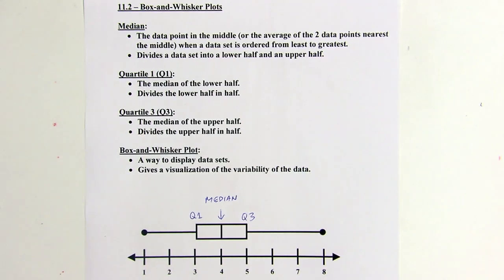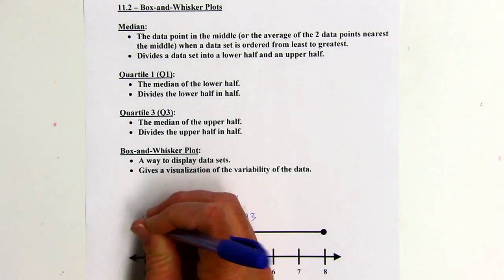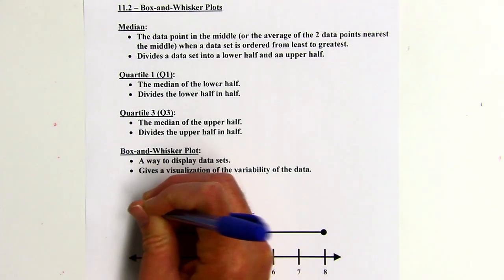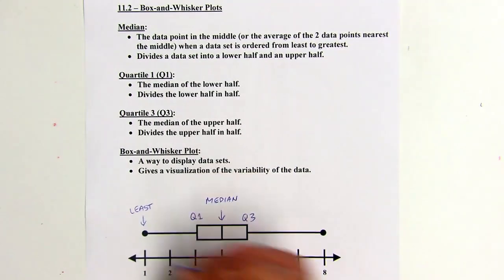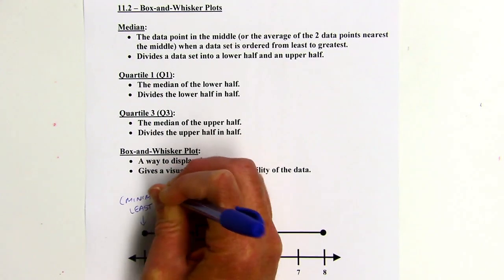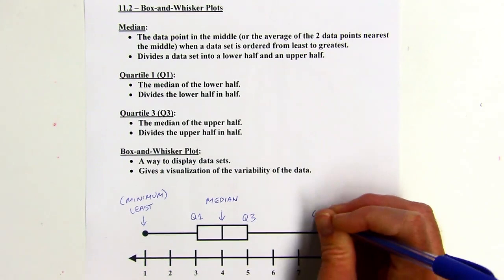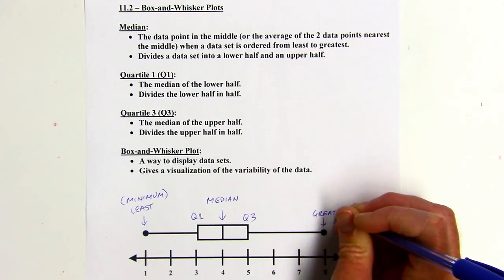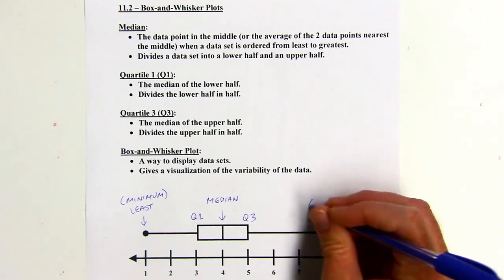And then this is going to be our least point, our lowest point, so that's the minimum. This is another way of expressing that. And the greatest point will go over here, and that's going to be the maximum.